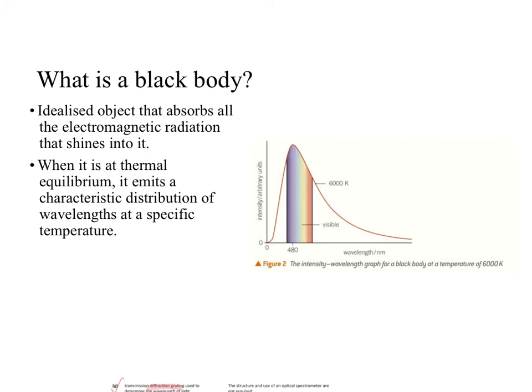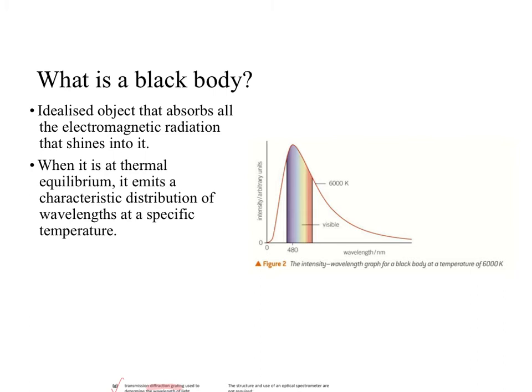And we usually can model every object, including stars and metals and even animals, as an approximate black body, because it really helps determine the temperatures of the objects simply by looking at the electromagnetic radiation that they emit.